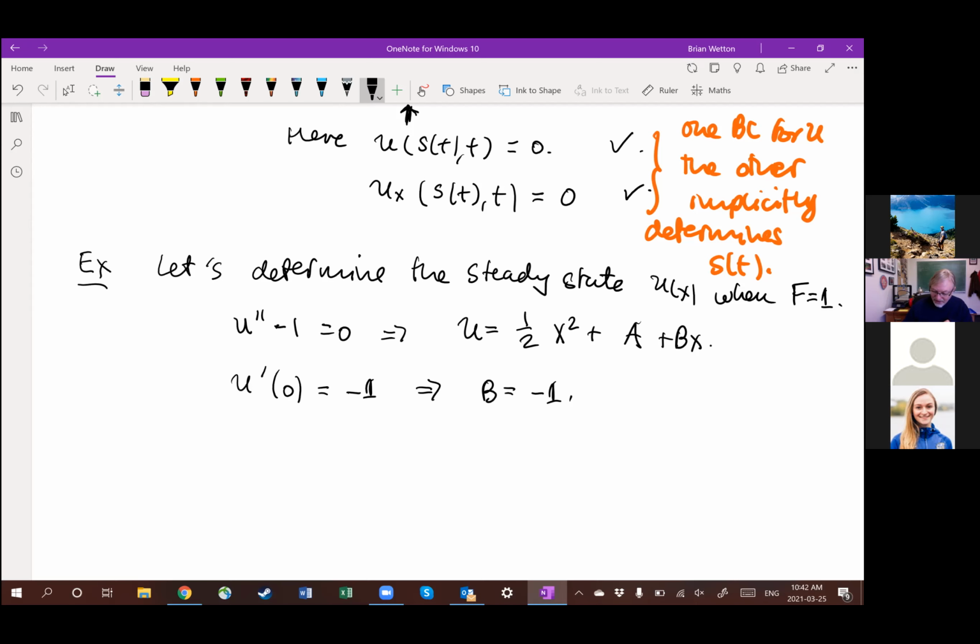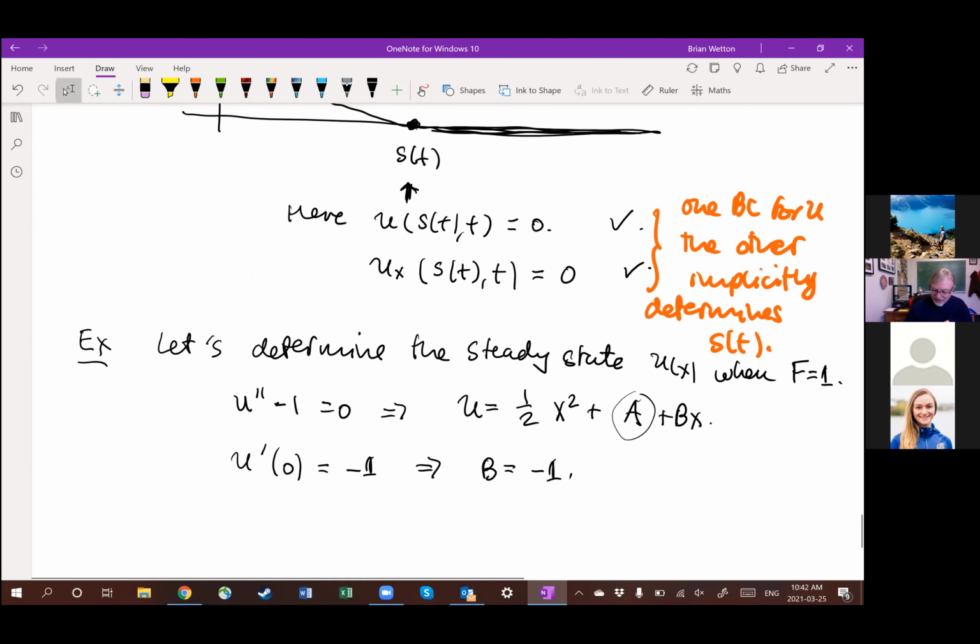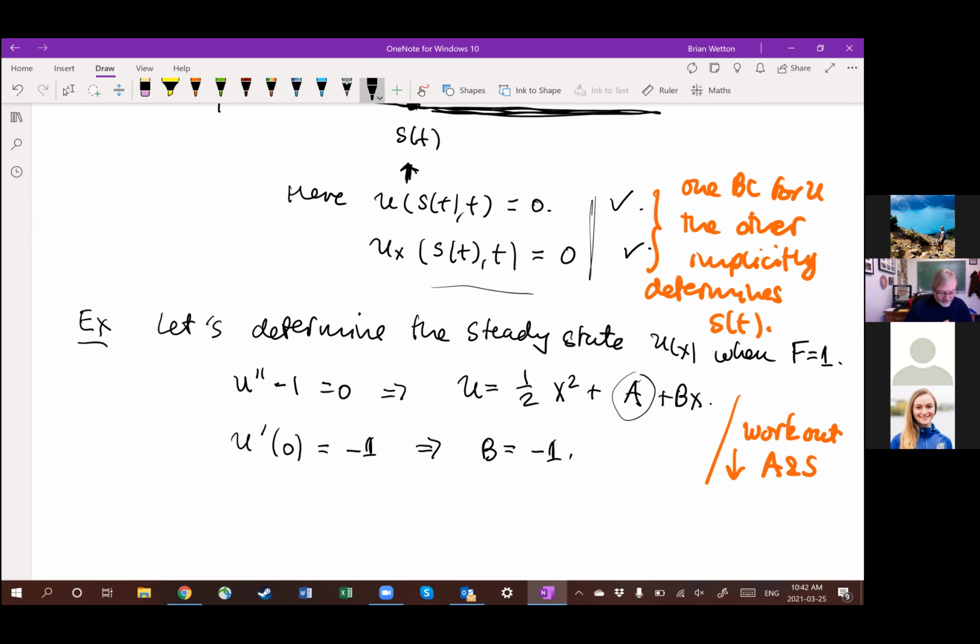And now you think about it and you go, well, now I only have a to work out, but I've got two conditions. Well, you have to work out what s is as well. So now work out a and s with the two conditions here.